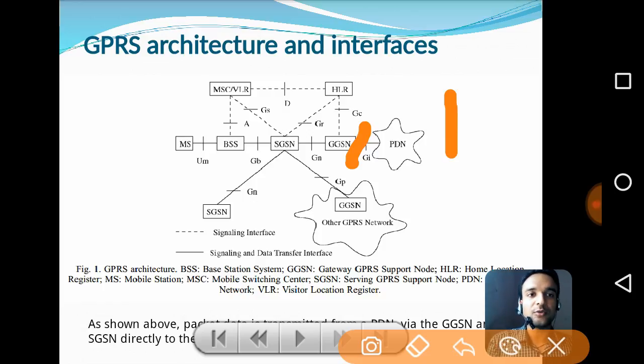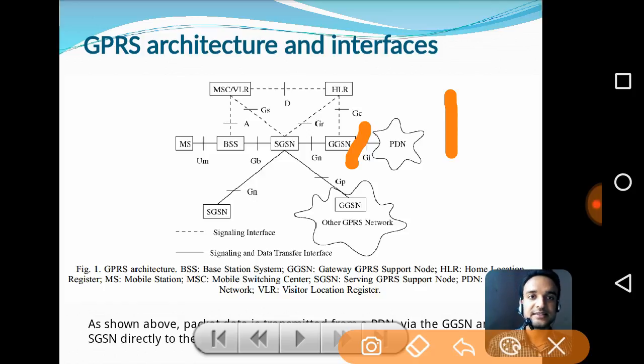Suppose your mobile is connected to some base station and I am making a call to you. The mobile switching center will forward that call to your base station, and from that base station the call will be forwarded to your mobile equipment using the SIM. This is the work of the mobile switching center. It makes a connection so that a call can be transferred from one mobile equipment to another.